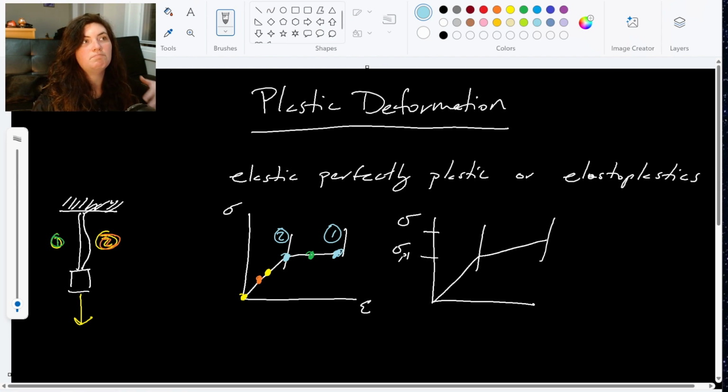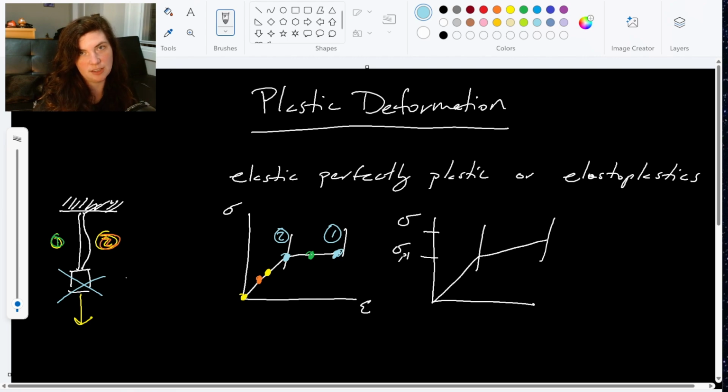So again, my number 2 string, he's in the elastic deformation. When I remove this lamp, I cut the lamp off, he's going to go back to the way he was before. All of that energy is recovered. He'll go back to his original shape. Whereas my number 1, he's stretched out forever now. He will never go back to his original shape. He's permanently deformed.